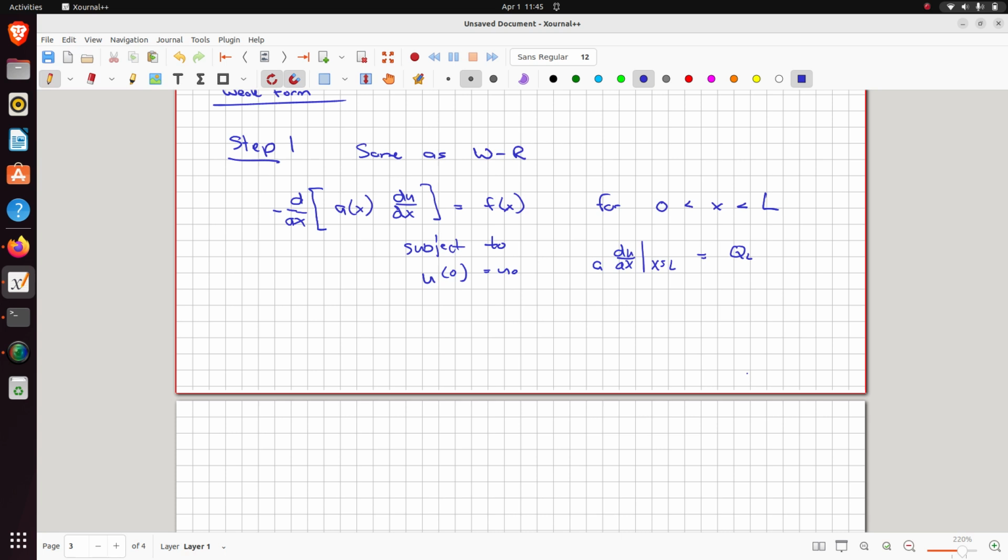Multiply by a test function, right? And then integrate over the body. So I'm going to write down both steps, right? I guess the real first step is to move everything to one side of the equation. So we'll move everything to one side of the equation, multiply by a test function, integrate over the body.